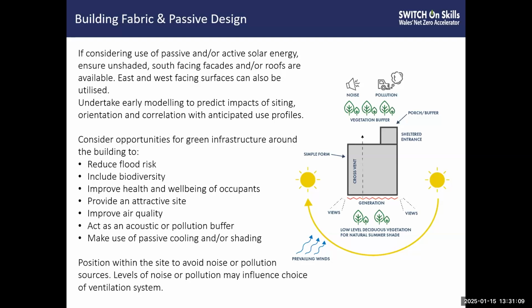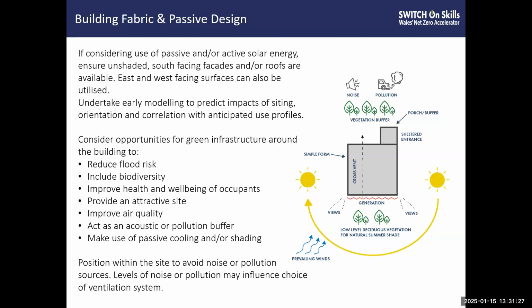So you can see that here we have the sun. I'm not sure if you can see my cursor actually, but you can see the sun's path around the building. We can do things like plant low-level deciduous vegetation for natural summer shade.